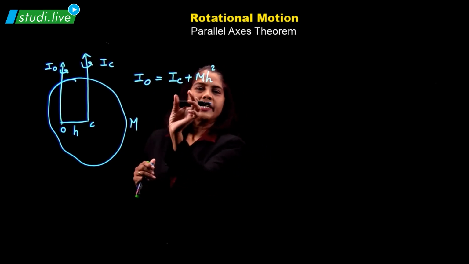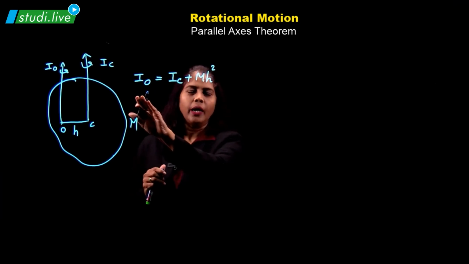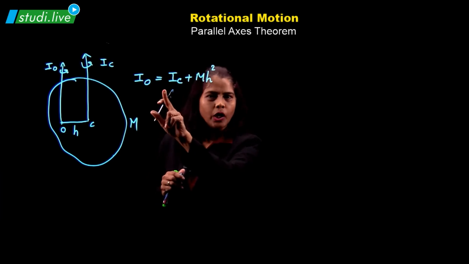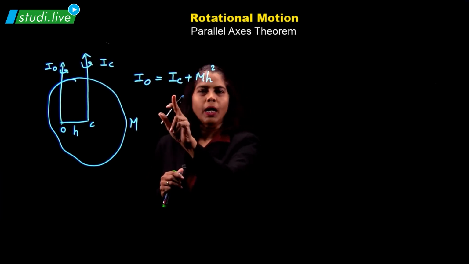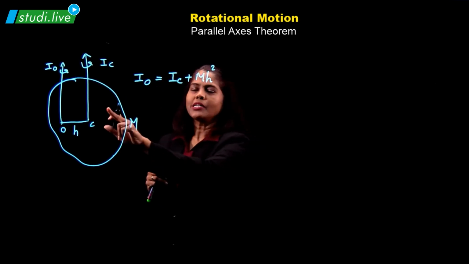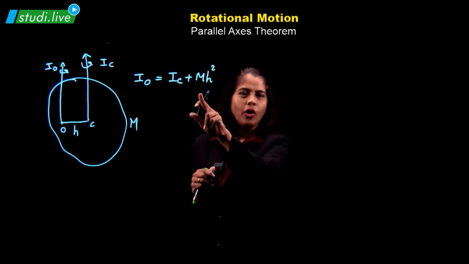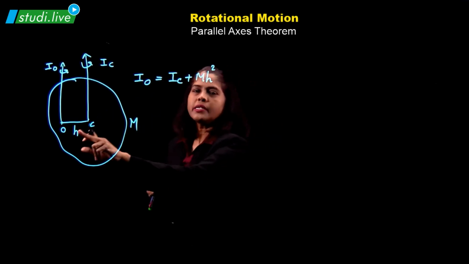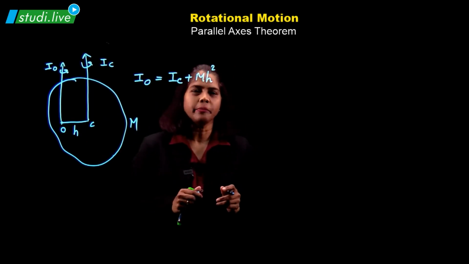As a statement, we can show it here. The moment of inertia about an axis passing through any point is equal to the sum of the moment of inertia about an axis passing through the center of mass and the product of the mass of the body and the square of the distance between them. Right, students? So, you can see the statement here.